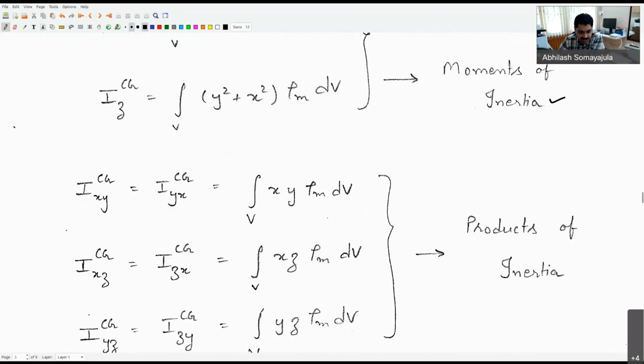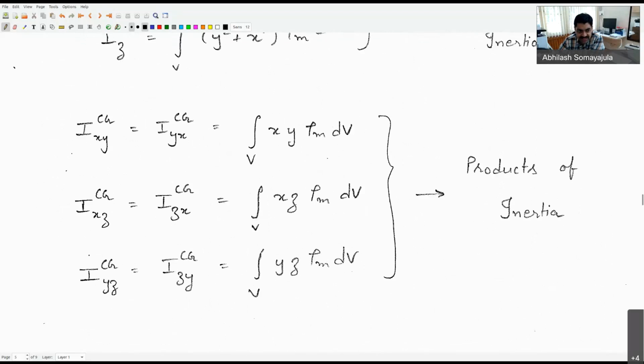Now, we'll define those three other terms, and these terms are called products of inertia, where we are considering x times y times rho m times dv. So what is a small unit elemental mass in the body? How far is it located from two different orthogonal planes?